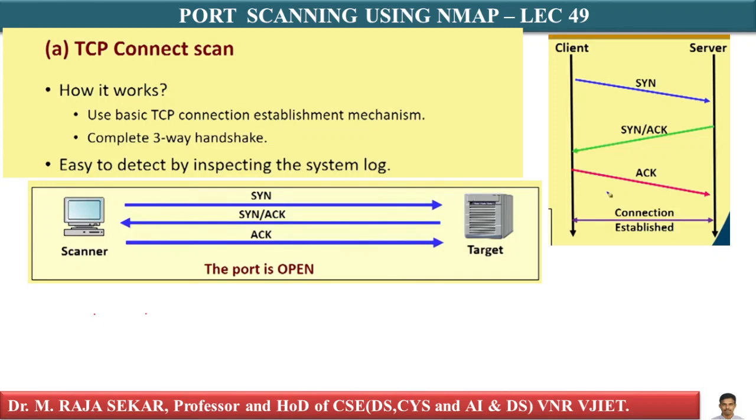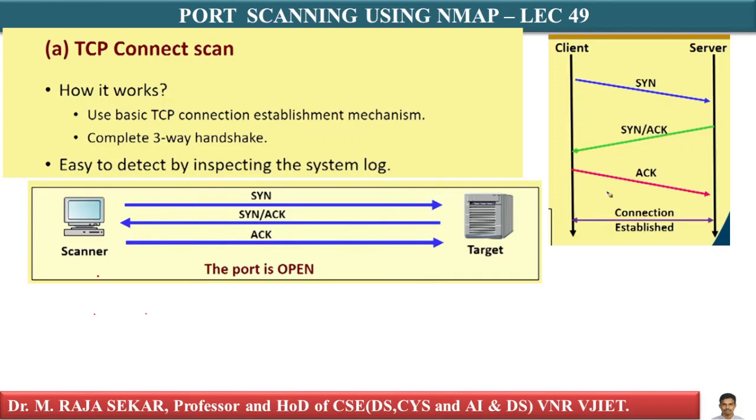Successful means the scanner sends a SYN packet, the target machine sends SYN ACK, and the scanner sends an ACK packet to the target. If the connection is successful, you will know that the port is open.